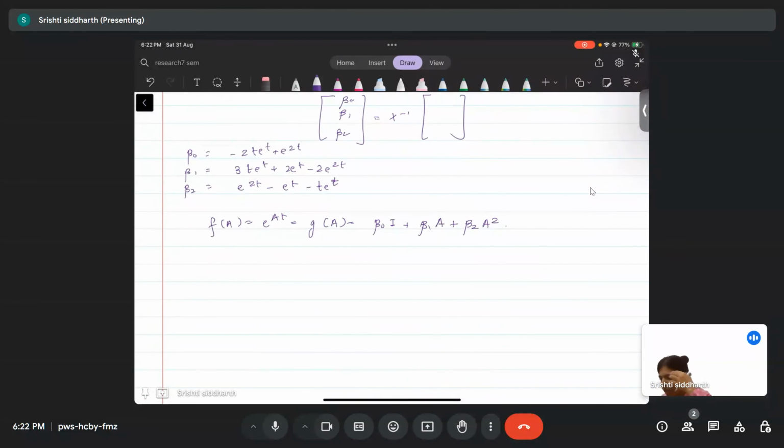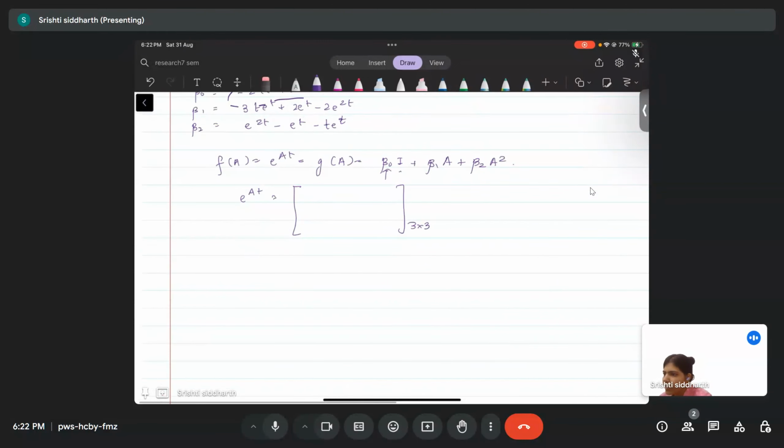Okay, so you can substitute this and get e to the power 8t. This is going to be a 3 by 3 matrix. So you can already see what the terms are going to look like. For example, the first term is going to be beta 0 times 1. So something like 2e to the power t minus e to the power 2t, and so on.